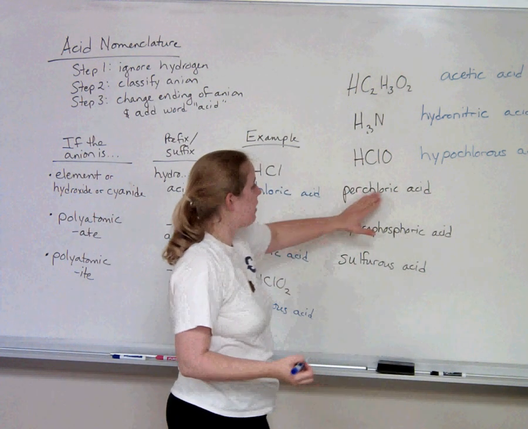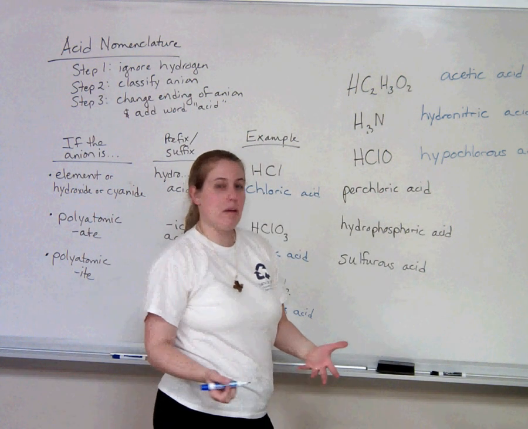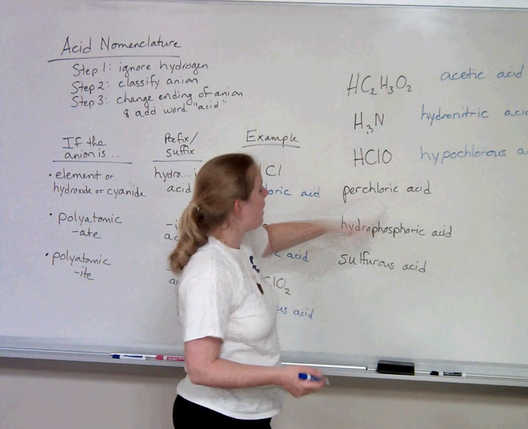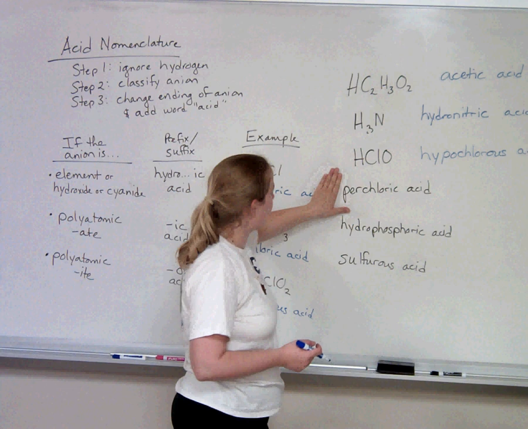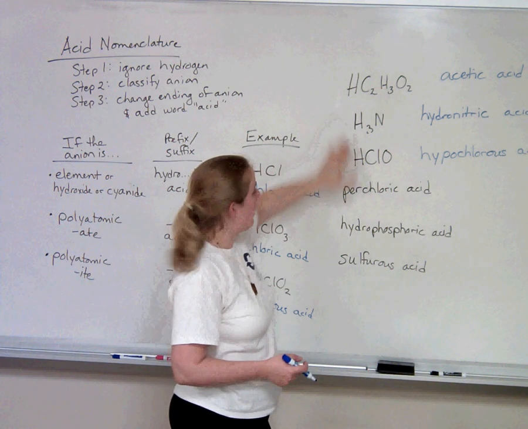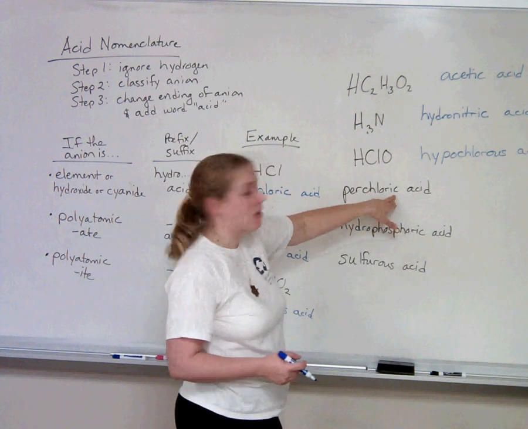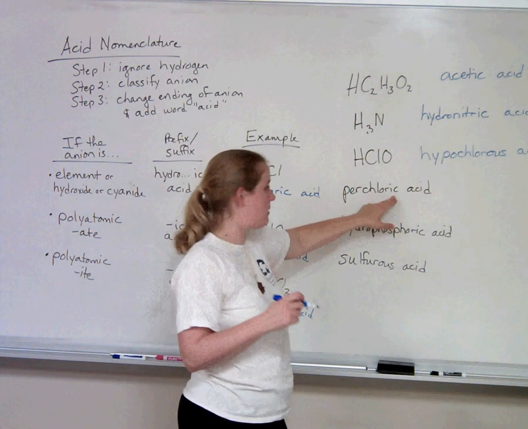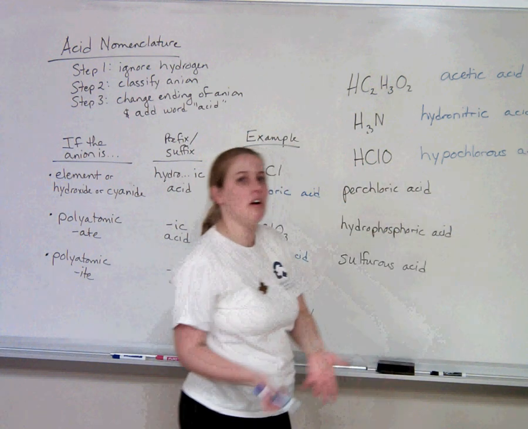All right, let's go the other way. We have the name and we need to write the formula. So we have this name, and I'm looking at this name and I don't see a hydro here, so that tells me it's not an element. And I see an ic there, so that tells me that it's a polyatomic that ends in ate. I don't care about the word acid because I know that it's going to have hydrogen.